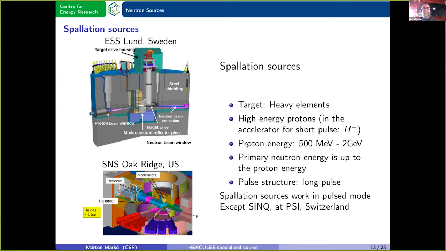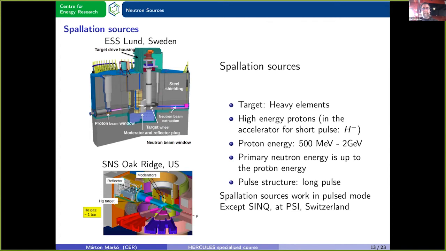What can be used in general is from some 100 MeV to 2 GeV proton energy. What is important is that this 2 GeV is highly relativistic. So the proton at 1 GeV has double the mass compared to the rest mass of the proton.